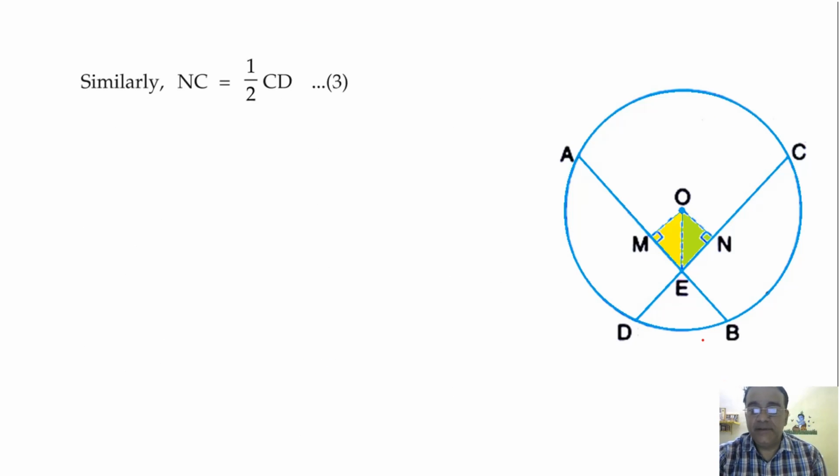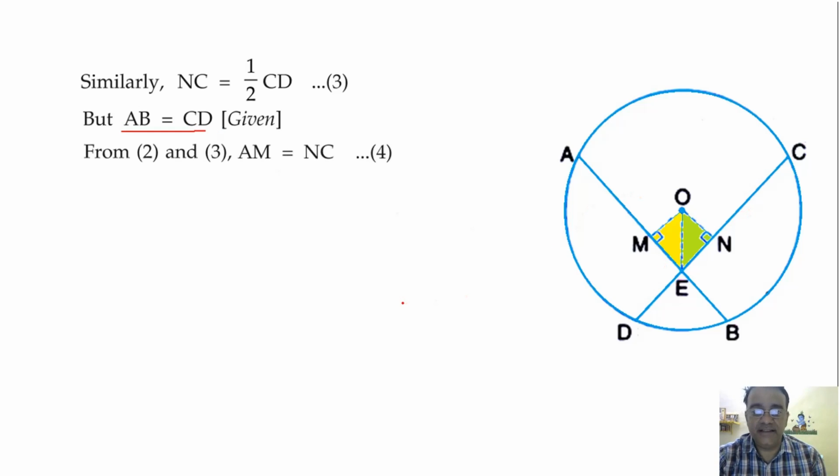Right? Now similarly, NC is equal to half of CD. But AB is equal to CD, so half of AB will be equal to half of CD, so AM is equal to NC. Up to this step, is there any doubt here?